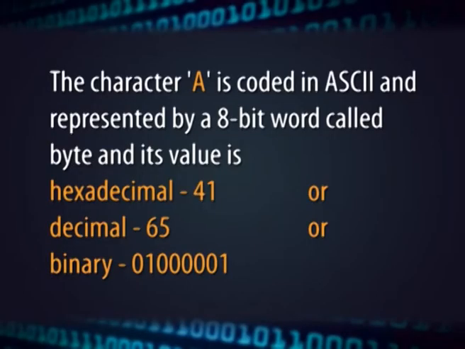The character is coded in ASCII and represented by an 8-bit word called byte, and its value is hexadecimal 41 or decimal 65. It can also be written in binary as 01000001.